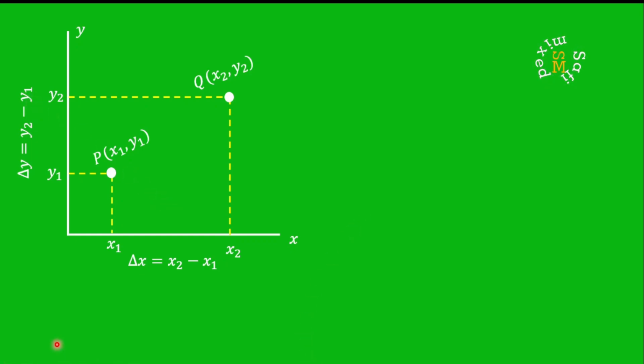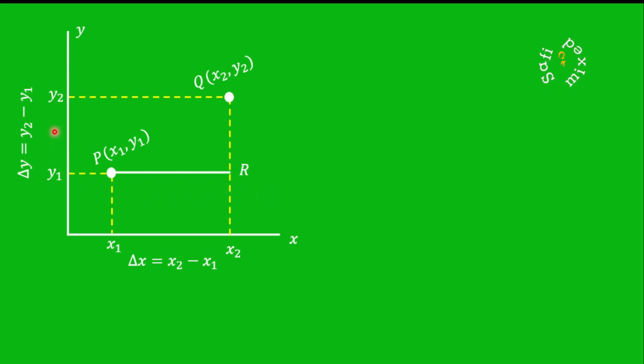Now, let us draw a horizontal line from point P whose length is exactly equal to the length between x1 and x2. That is, I draw a line from x1 to x2 like this, and I represent this point with R. Then the separation between point P and R is exactly equal to the separation between x1 and x2, as you see, because x1 x2 and PR are the separation between these two parallel lines.